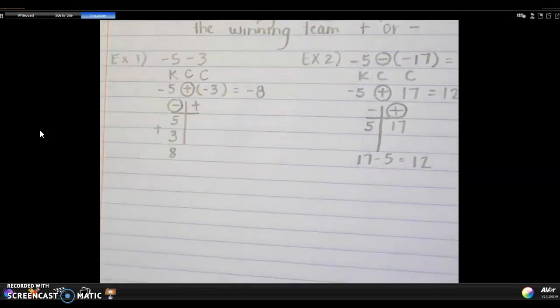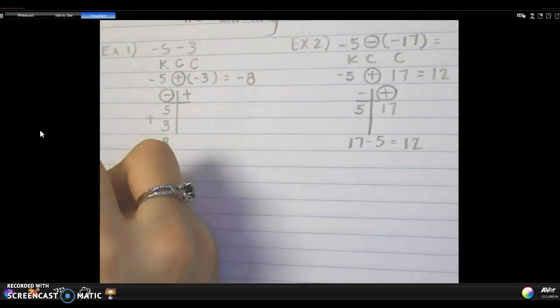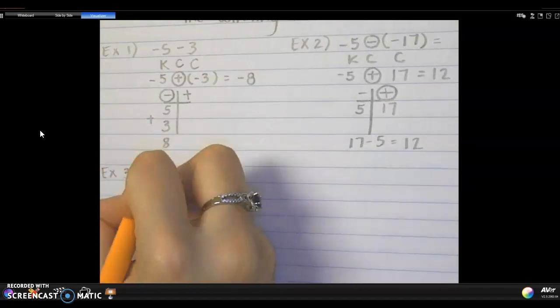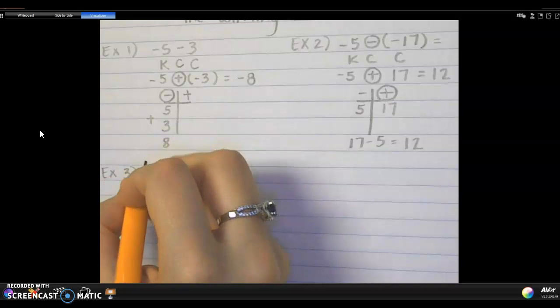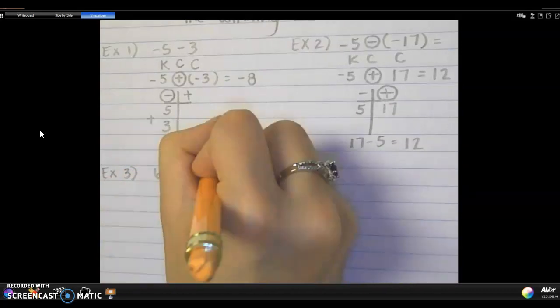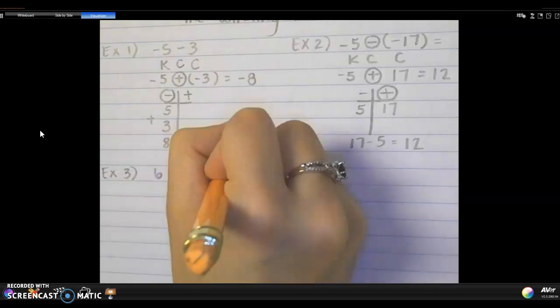Alright, so I'm going to go ahead and write 2 examples for you to do on your own. Example 3, we're going to do 6 minus -14.